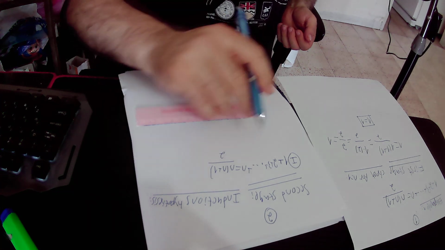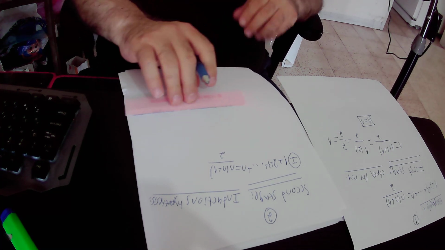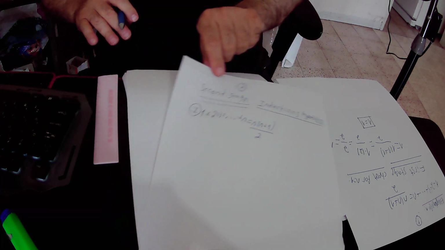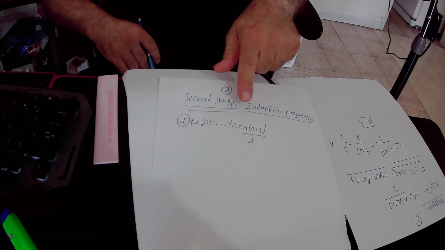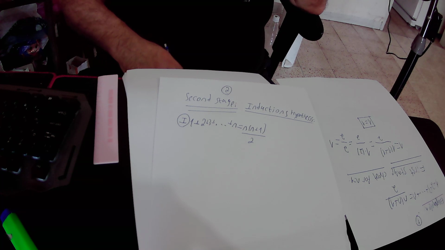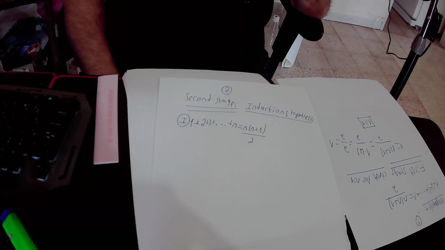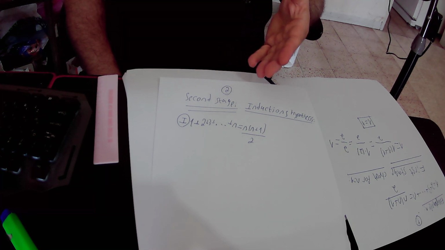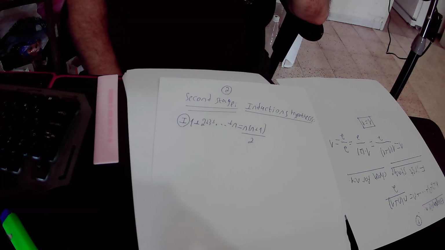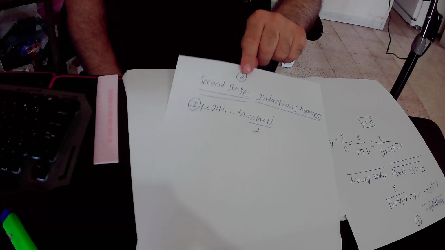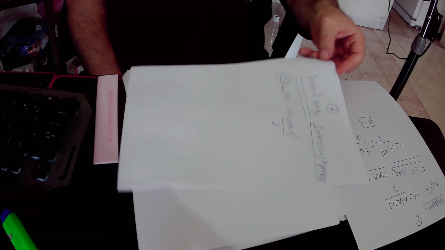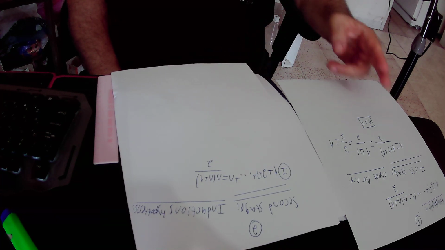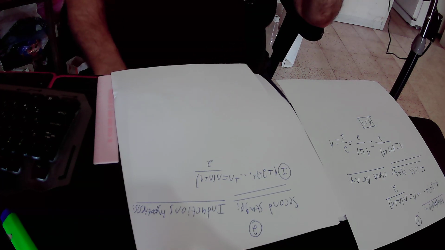So the first equation is the induction hypothesis or induction assumption. We assume that this equation is true, and when we rely on this assumption, we will prove that the original statement is true for n plus 1.